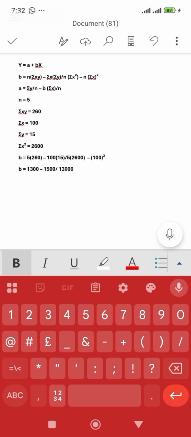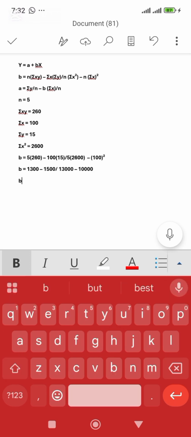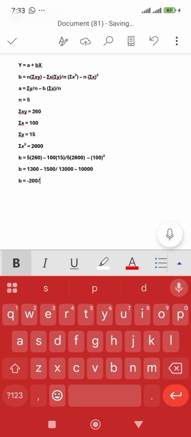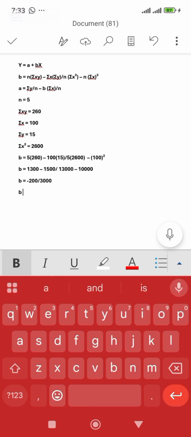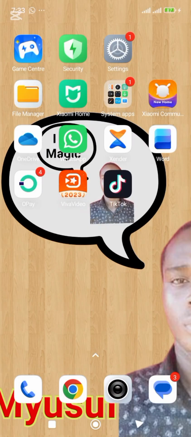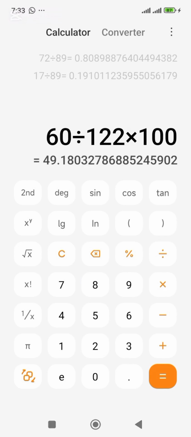So I'm going to write it with the 3 zeros and then minus 100 times 100, that's 100 squared, which is 10,000. We come to small b again equals 1,300 minus 1,500, which is minus 200, obviously, divided by 13,000 minus 10,000, which is just 3,000, right? We come there, b equals, when we do it, we'll get minus 0.07, something like that, right? Let's use our calculator to confirm that.